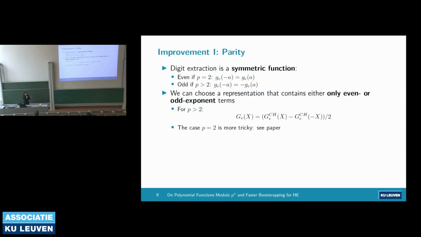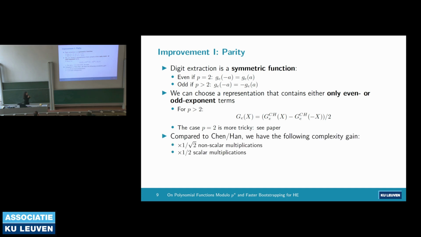For example, when p is greater than 2, we can start from this Chen-Han representation and eliminate all the even exponent terms. Then we obtain this polynomial which only contains odd exponent terms. For p equals 2, it becomes more tricky, and we refer interested audience to our paper.